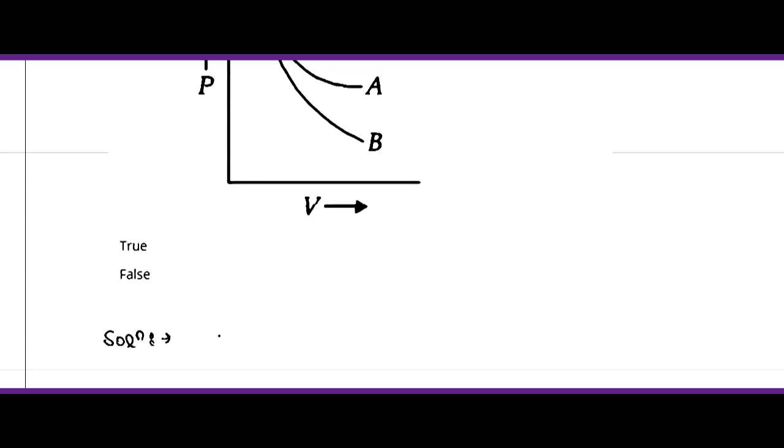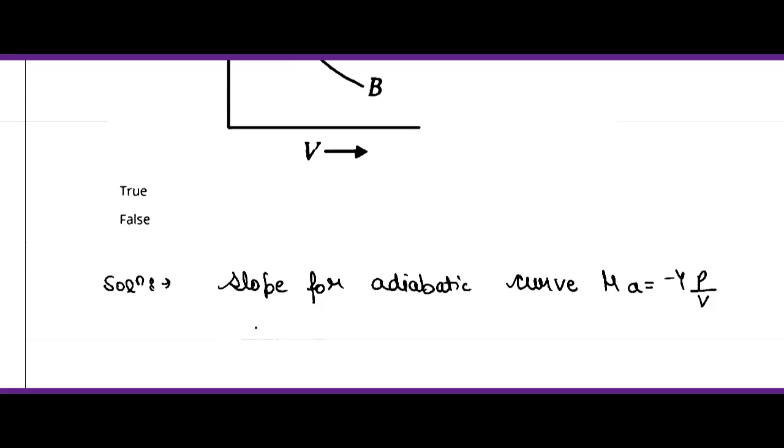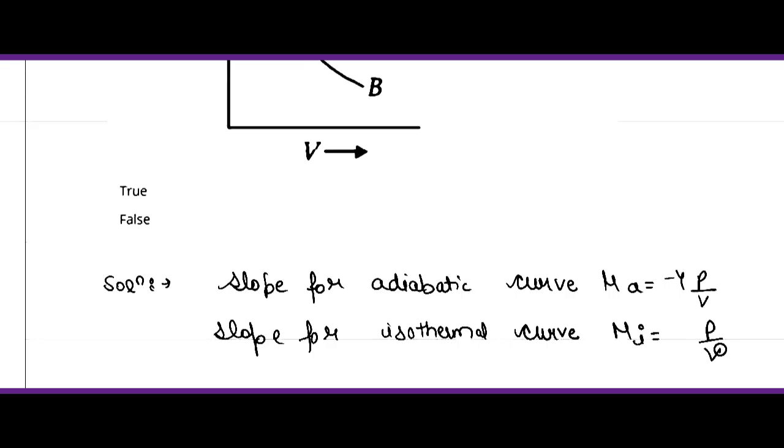we have the slope for the adiabatic curve, which is minus gamma P by V, that is pressure divided by volume, and the slope for the isothermal curve is minus P by V. This is for adiabatic and this is for isothermal here.